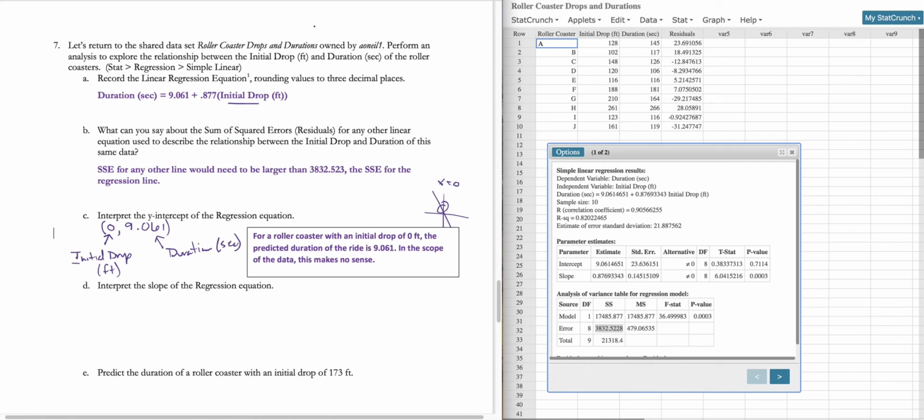All right, let's go ahead and interpret the slope of our regression equation. So remember that the slope is the number that is multiplied to our explanatory variable, to our x. So that is 0.877. And thinking back to algebra, somewhere in your past, you may remember the expression rise over run related to slope.